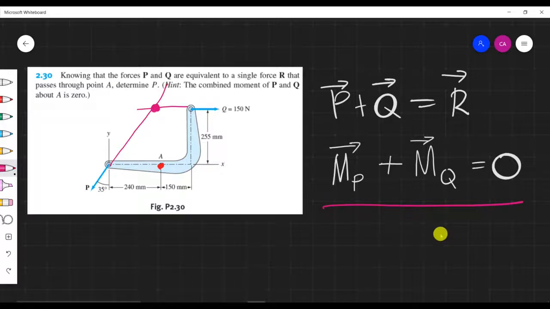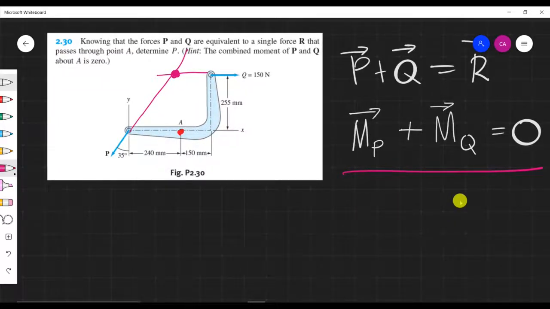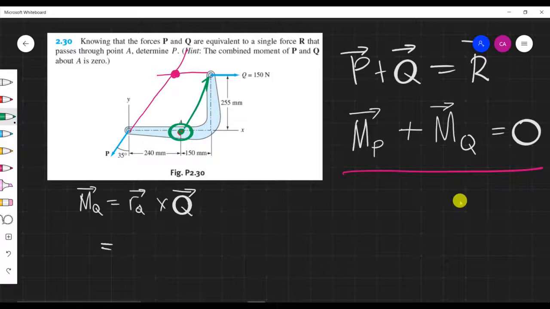MQ muna. So, MQ is equals to RQ vector times, tawagin natin, Q vector. Una, si RQ, ito yung A. Mula dyan, distance vector papunta doon.